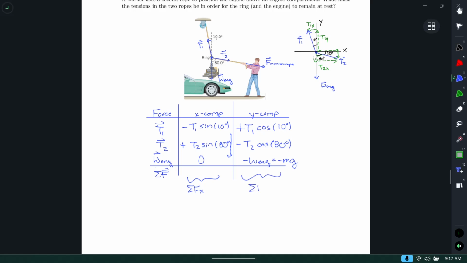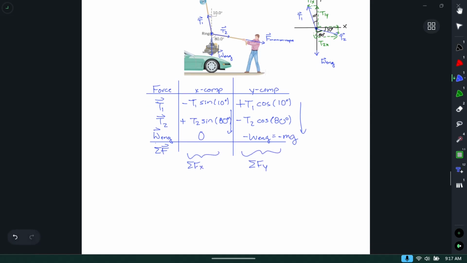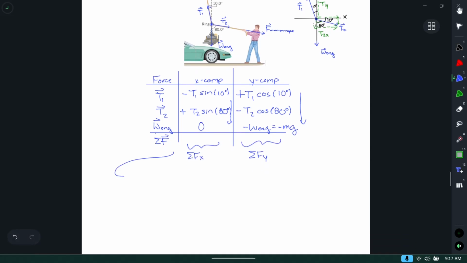Whatever I get from adding down the y column is my net force in the y direction. But I will carry that over to write my two equations. So my net force in the x direction is, again, I don't like negatives out front, so I'm just putting the positive thing out front. You don't have to do that. Just a weird me quirk.